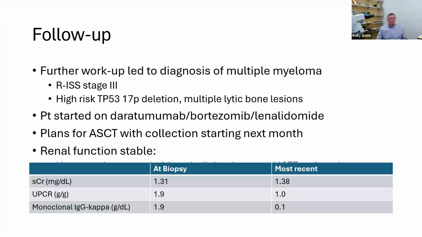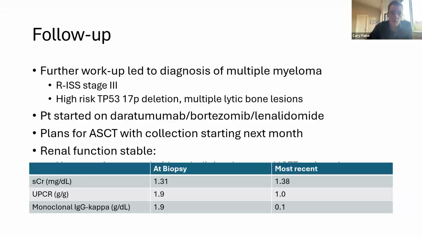I'll turn it back to... Yeah. I know we're over, but this patient was diagnosed not only with the fibrinogen A type amyloid, but also with a high risk IgG kappa multiple myeloma. He was treated with 6 cycles of daratumumab, Revlimid, Velcade, and dexamethasone, and he's currently in workup for autologous peripheral blood stem cell transplant.